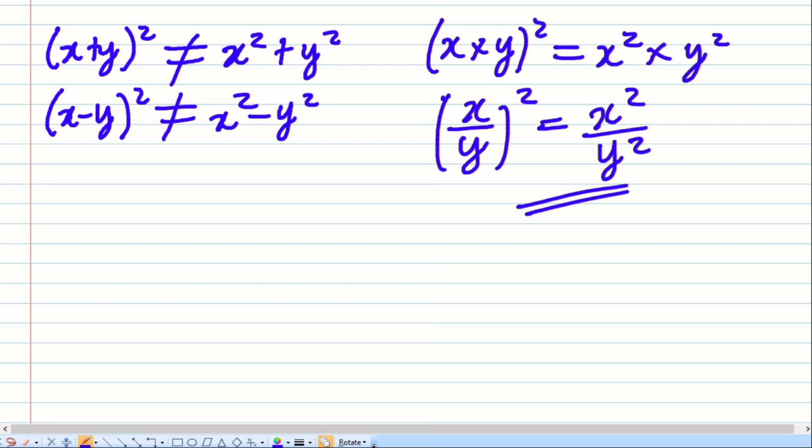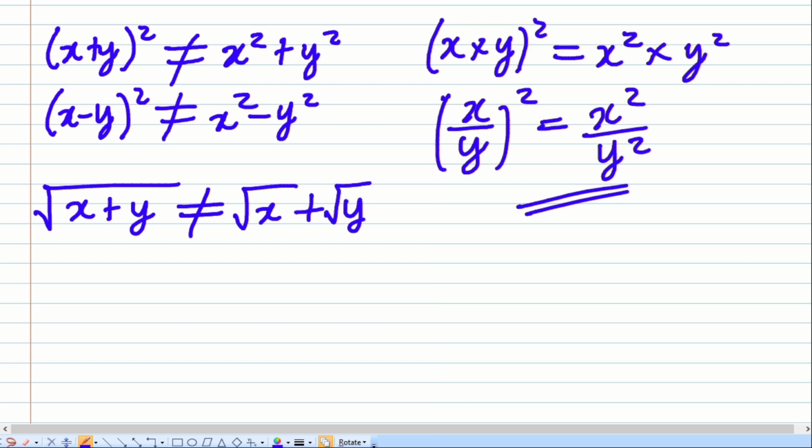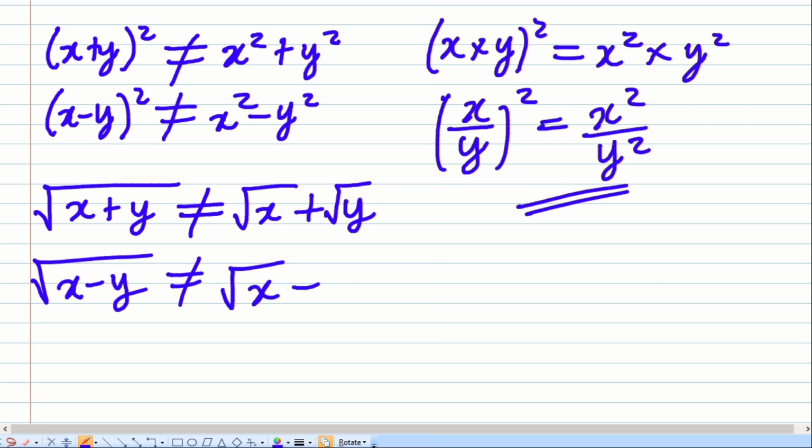Now let's try other operations, say square roots. The square root of (x plus y) is not equal to the square root of x plus the square root of y. Generally in mathematics, anytime you have addition or subtraction, you cannot distribute. Again, the square root of (x minus y) is not equal to the square root of x minus the square root of y.